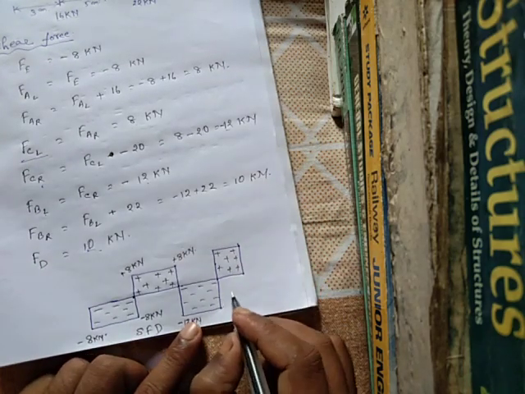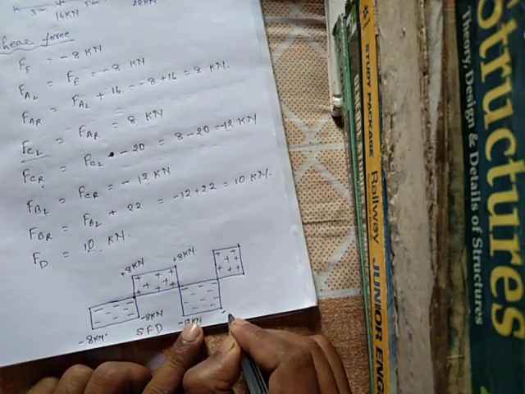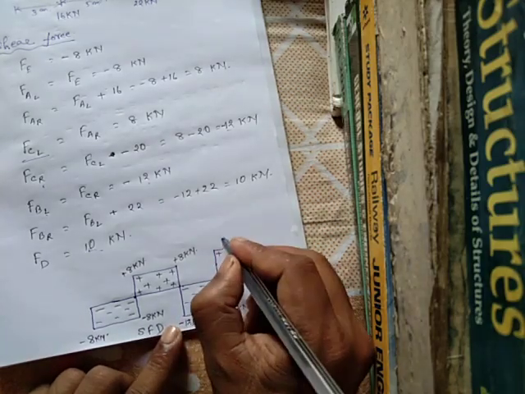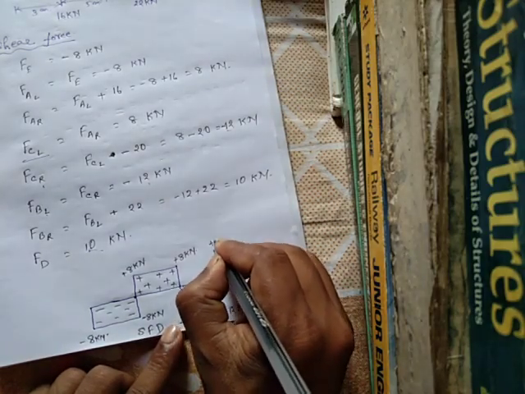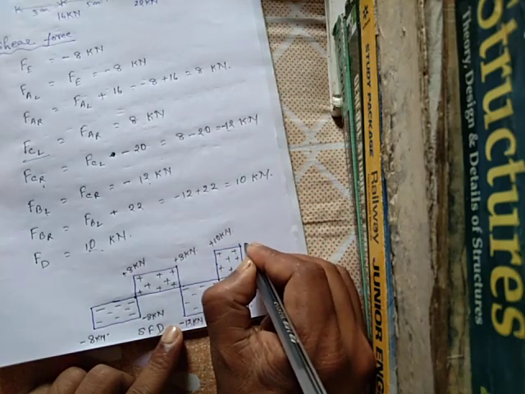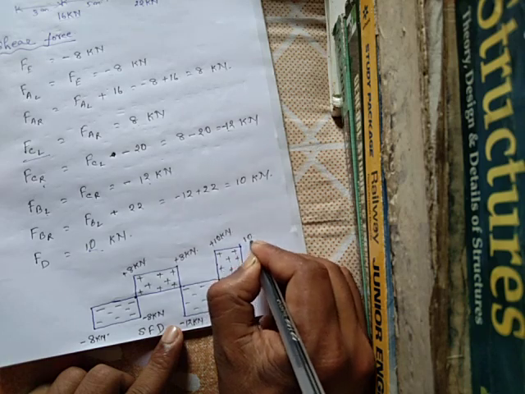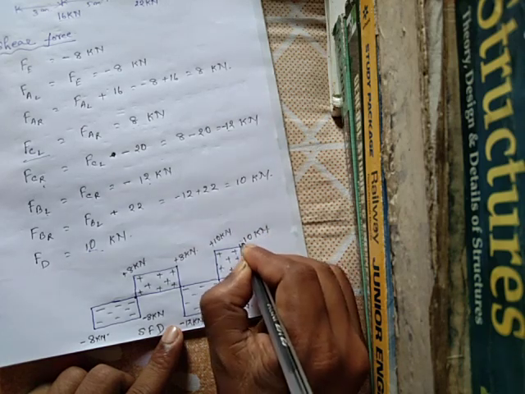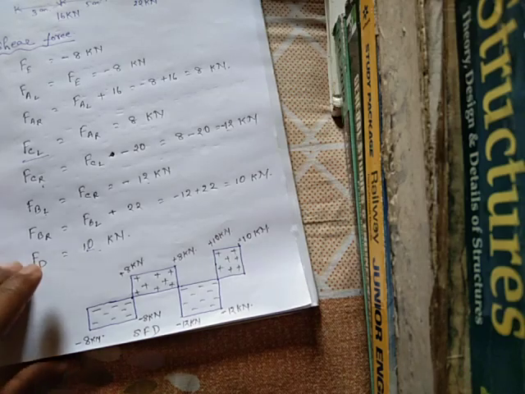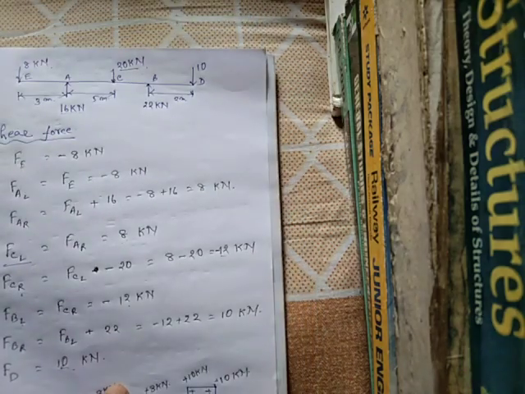At point B just to the left is minus 12 kilonewton and just to the right is plus 10 kilonewton, and at point D it is plus 10 kilonewton. That is the shear force diagram. Now find out the bending moment and draw the bending moment diagram.